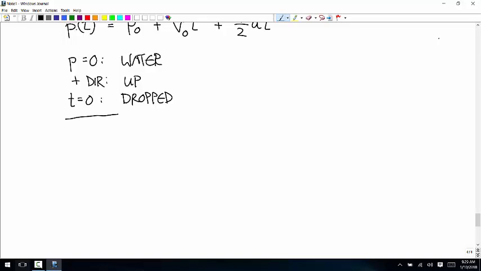Okay, so do we know the position at 0.6 seconds? Yes, that's 0, right? Do we know the position at time equals 0? No, that's what we're trying to find. Do we know the velocity at the instant it's dropped? We do. If it's dropped, then it's 0 at the instant it's released.